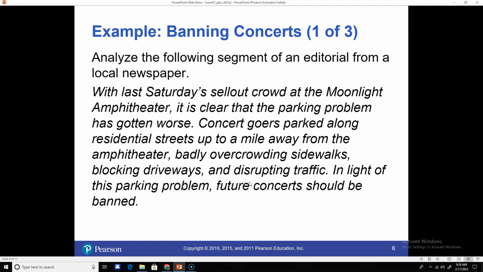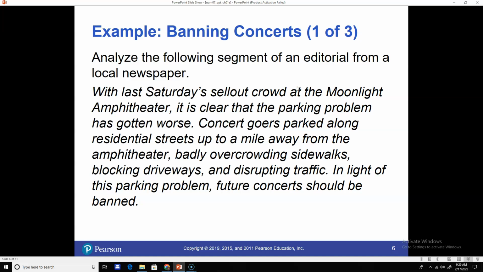Also, banning future concerts based on what happened in one concert is not necessarily something that makes a whole lot of sense. There could be other solutions there. It doesn't seem to me that the evidence from one Saturday sellout crowd and what happened on that day is necessarily worthy of banning the entire venue.